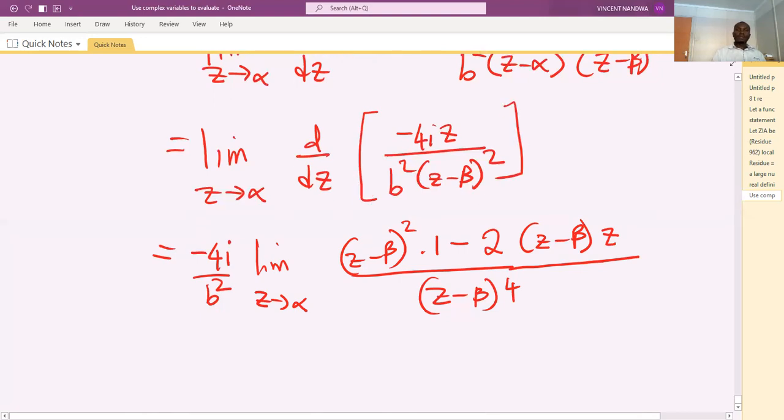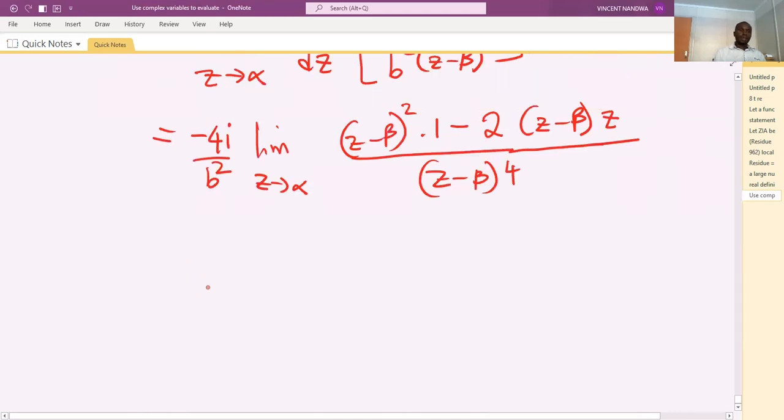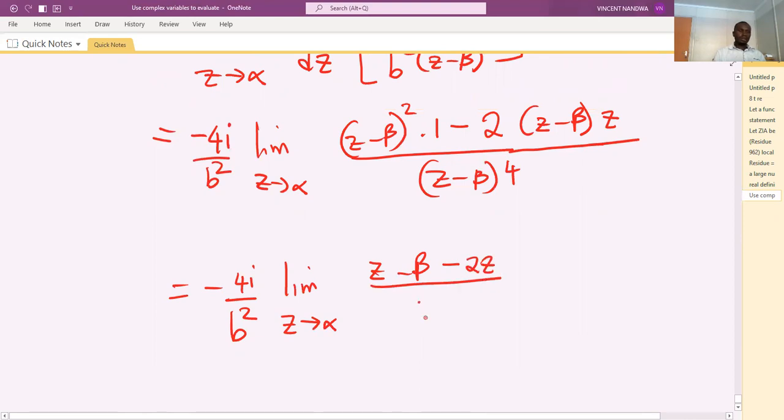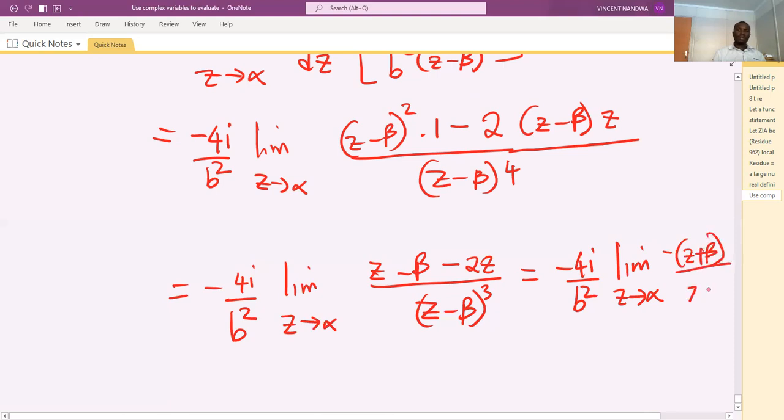So by doing that, you'll get minus 4i over b squared, limit as z approaches alpha of z minus beta minus 2z divided by z minus beta cubed, which is the same as minus 4i over b squared, limit as z approaches alpha of minus z plus beta, we divide by z minus beta cubed.